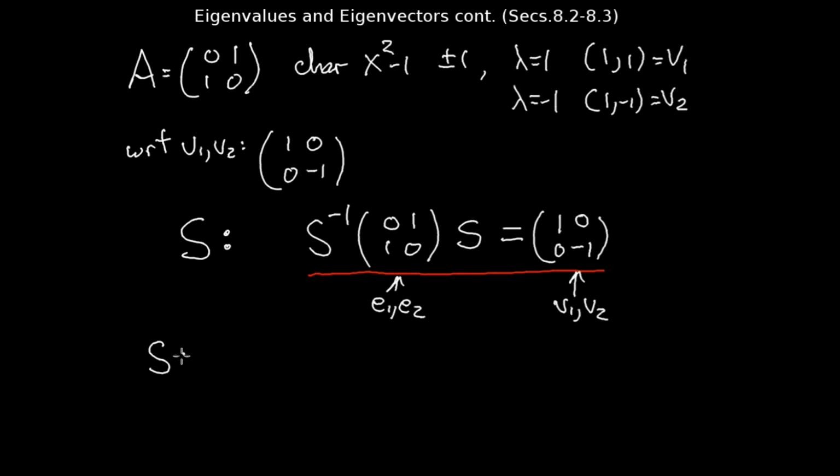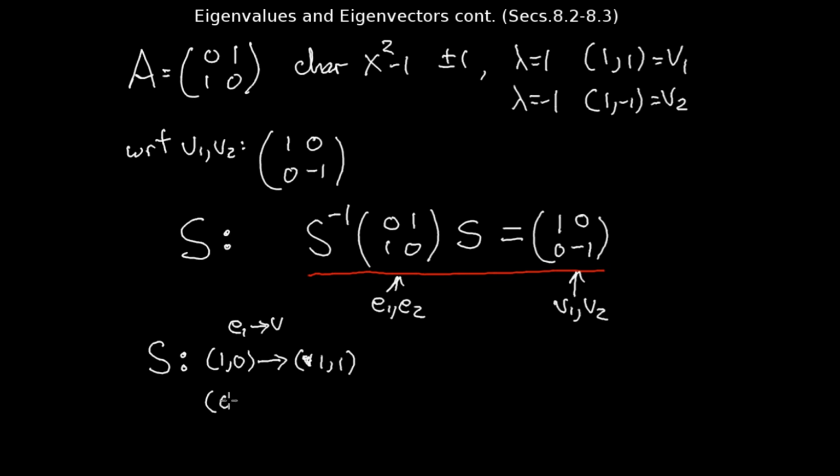And if you think about it for a minute, what you want is that S is supposed to take e1 to v1, which is (1, 1).